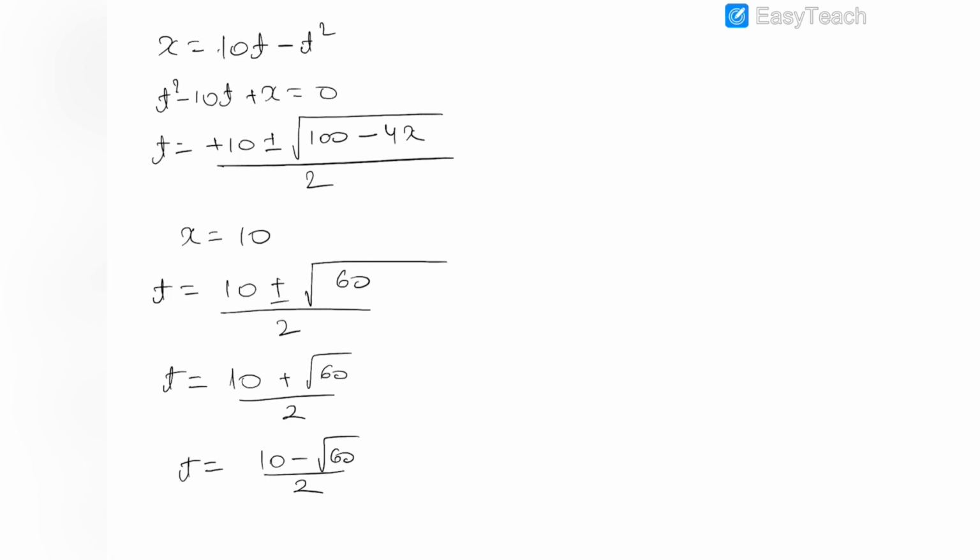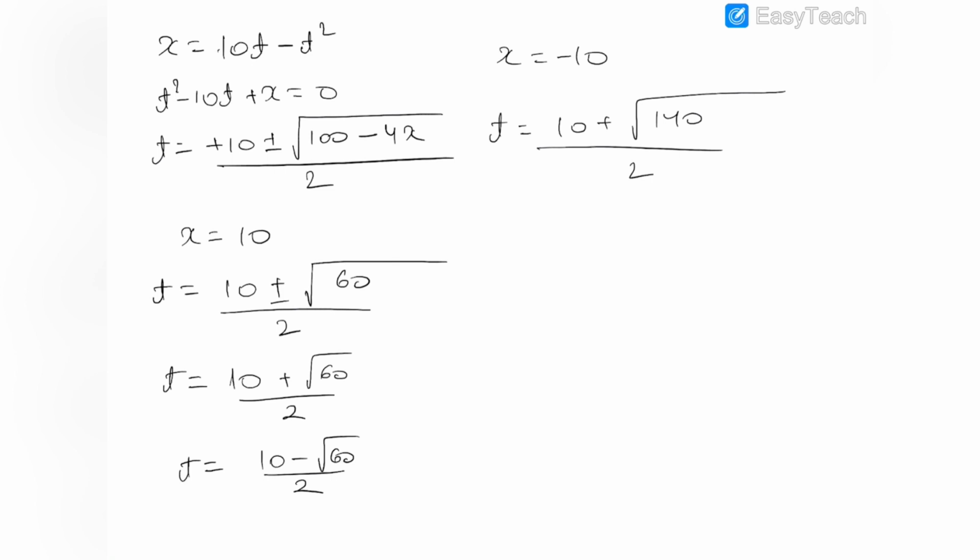Both are possible, and now let us substitute x as minus 10, so t would be equal to 10 plus minus under root of 140, by 2. So you can see that the negative sign would not be possible, because in this case time would be negative, so only the positive one is possible.